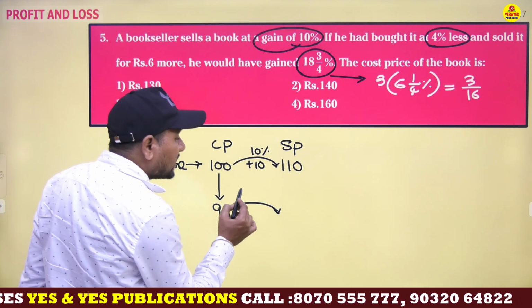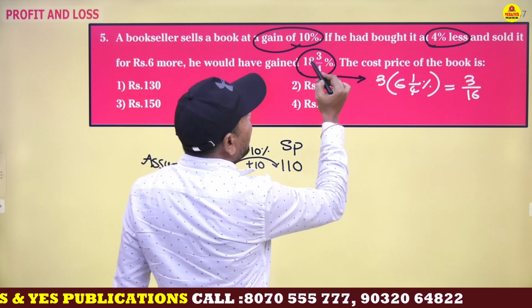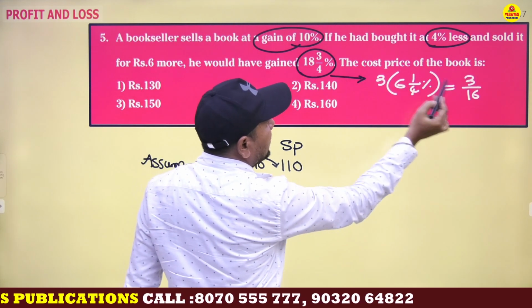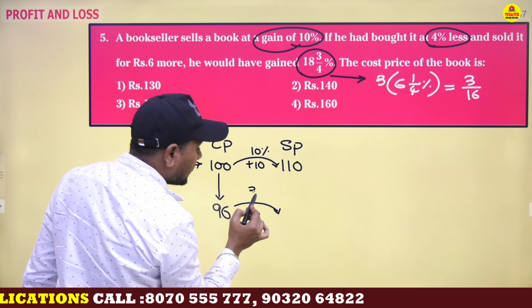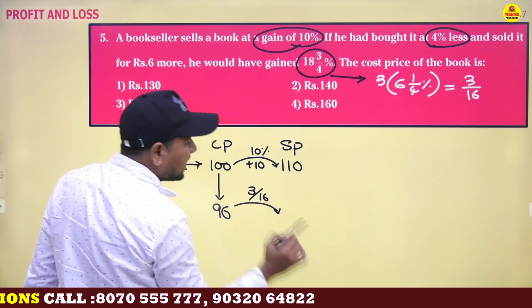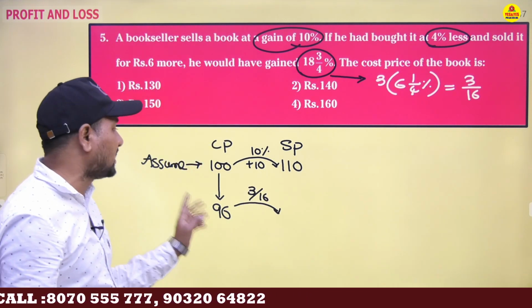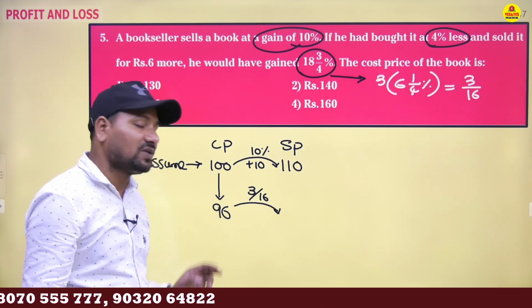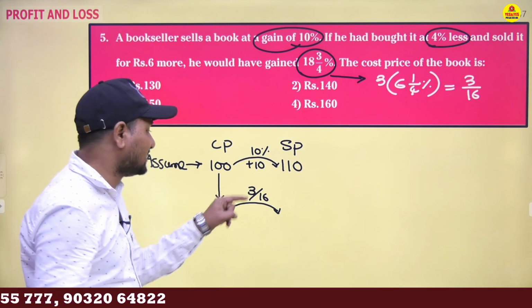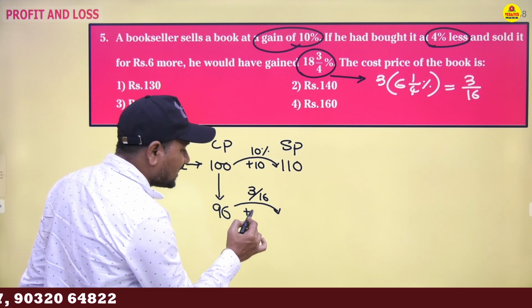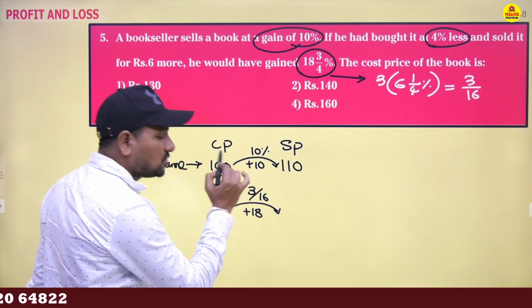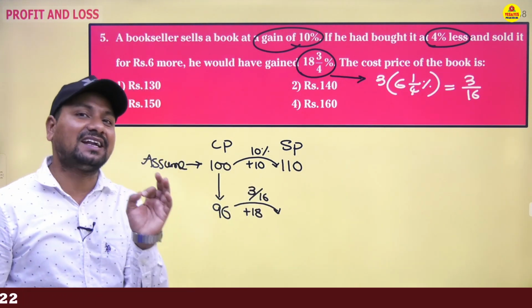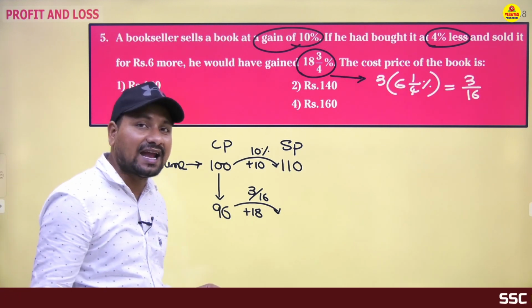At that time you are ready to take how much percentage profit? 18 3/4% profit, nothing but 3/16 times. 3/16 of 96: 16 into 96 is how many times? 6 times, and 6 3s are 18. That means 18 rupees will be increased. How do you get this 18 rupees?